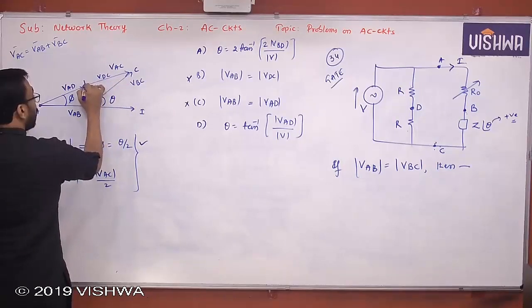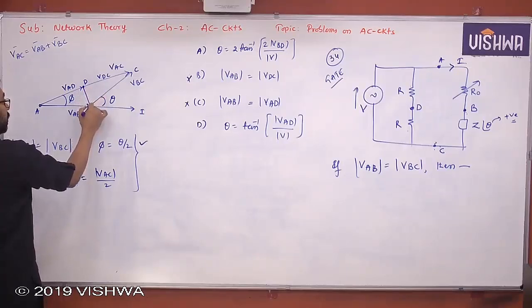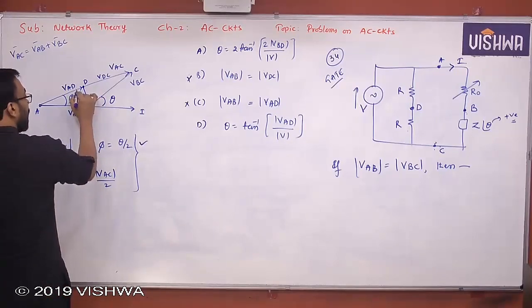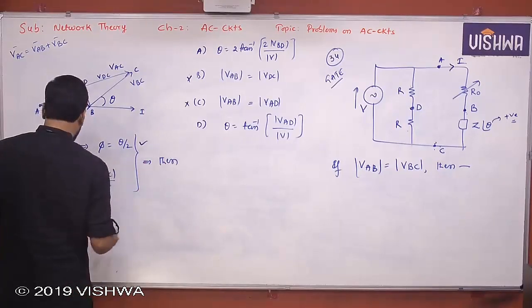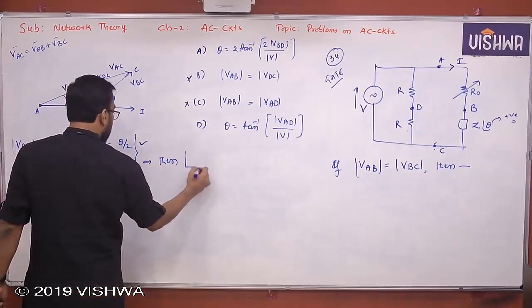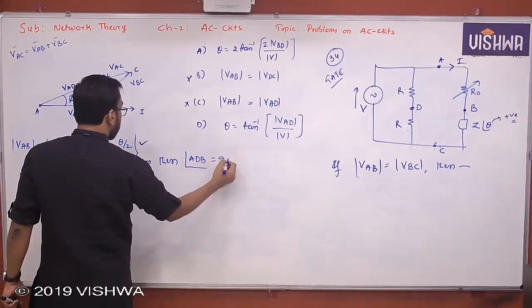VDC, because this point is D. Then you definitely have the angle ADB, the angle ADB is going to be 90 degrees.